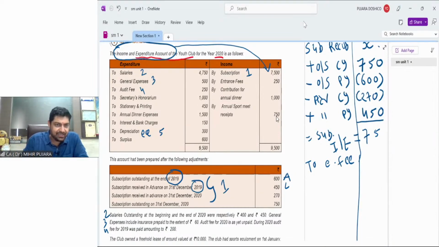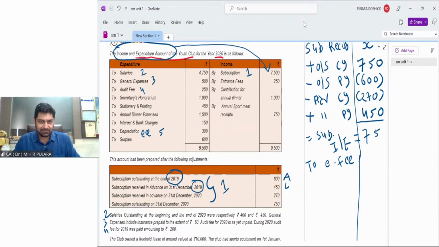And here you are also given expenses. So simply one will be our receipt and one will be our payment. No complication at all.